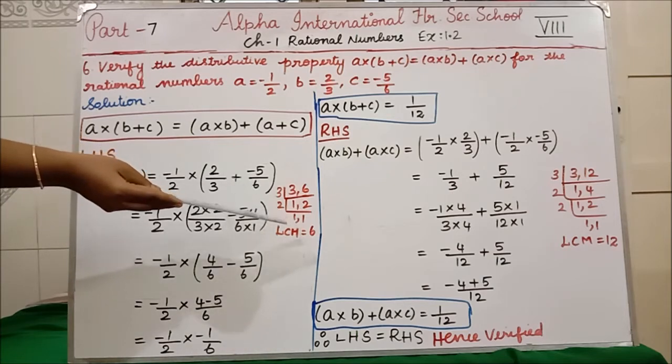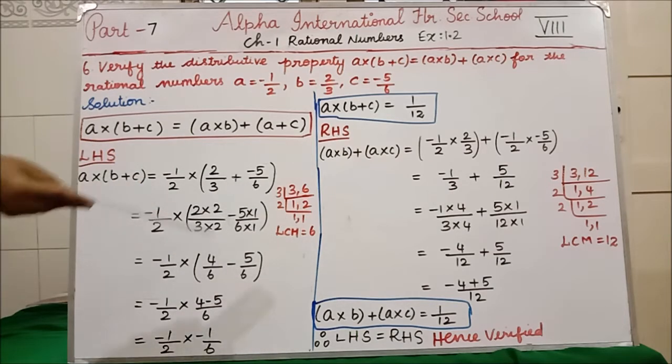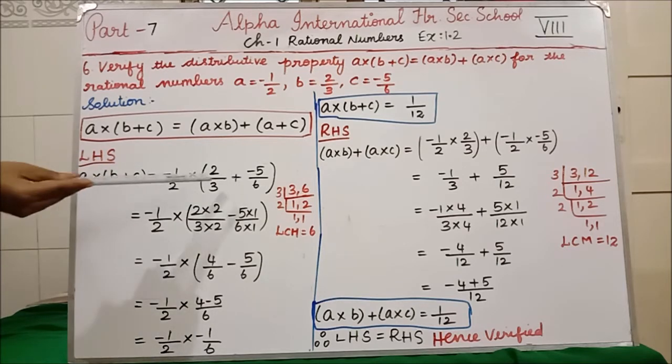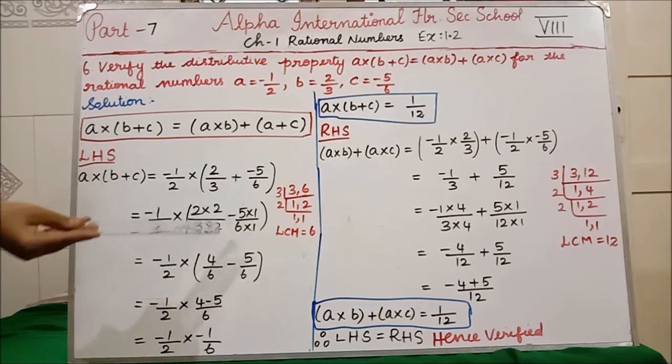Again we will try with the 2 table, we will get 1 1. So 3 into 2 is 6. So now the LCM for 3 and 6 is 6. Clear? In 3, how many times do we get 6? 2 times. So multiply that 2 to the numerator as well as to the denominator. Clear? 2 into 2, 3 into 2.